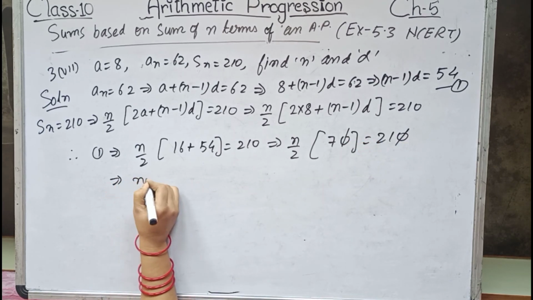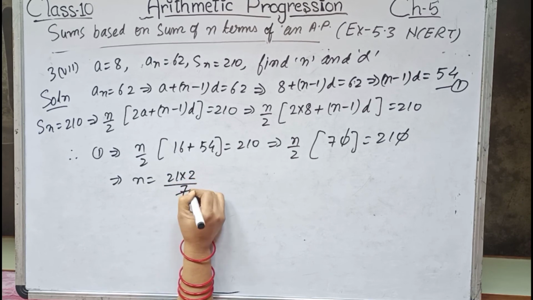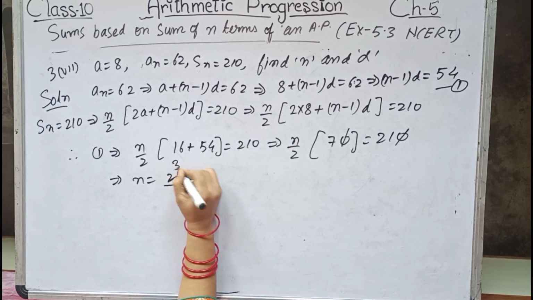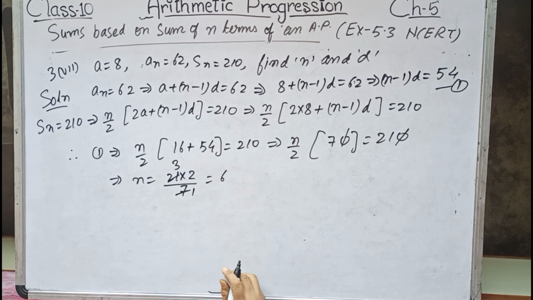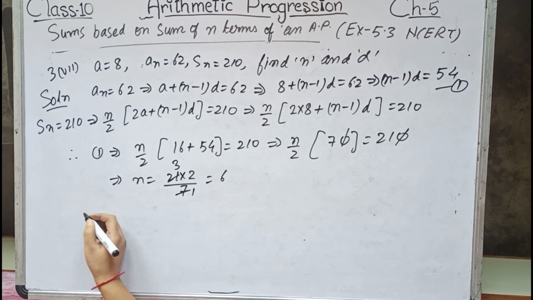This implies n equals 21 into 2 by 7, which equals 6. So n value is 6, and let us put this value of n in equation number 1.